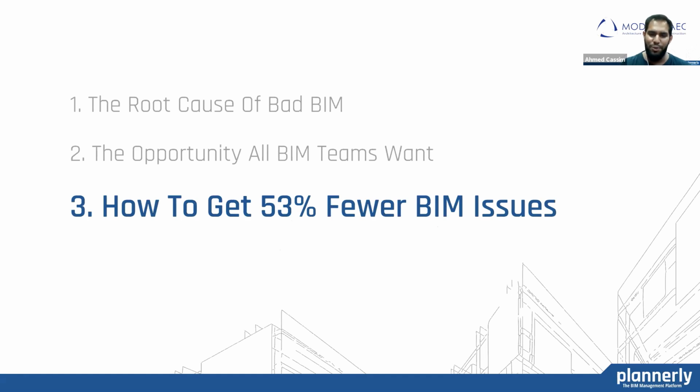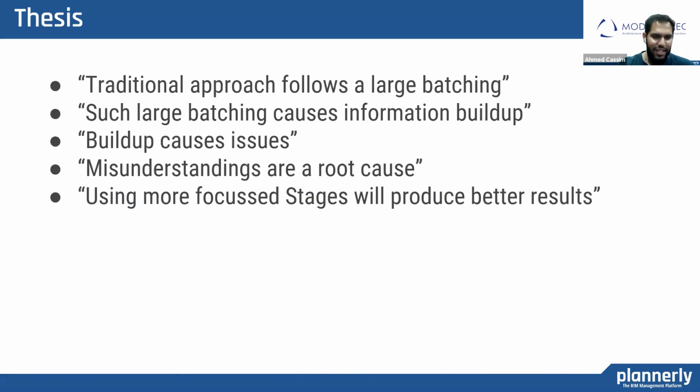So in the exercise with the 2 teams, we had 73% fewer issues, but then Plenary had implemented those ideals, guidelines and processes on 2 real-life projects that we had, which then got the 53% fewer issues. So our thesis on this project was that large batches cause information buildup. That buildup is the cause of issues.